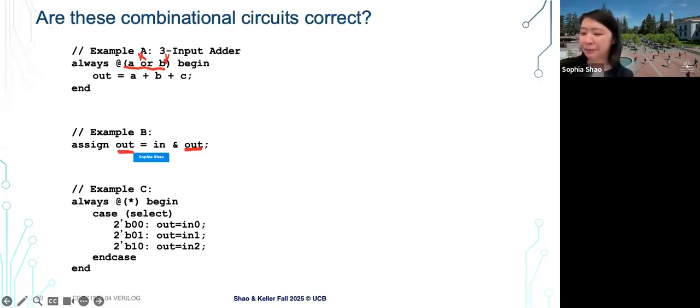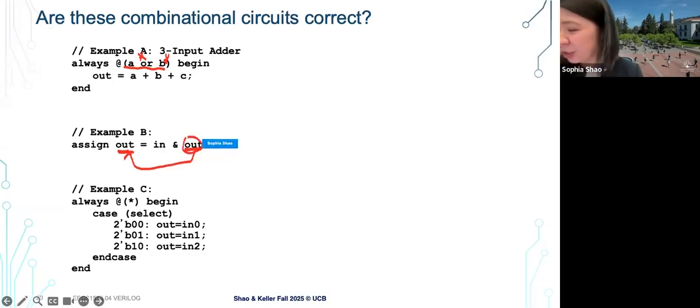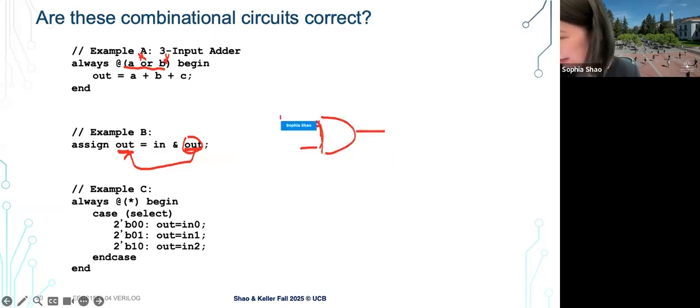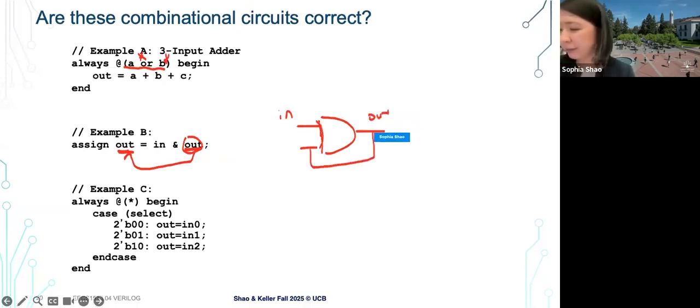If you think about the circuit that we have, we have an AND gate here, but this is my input, this is my output, and I'm connecting my output to my input, right? What does this circuit do?